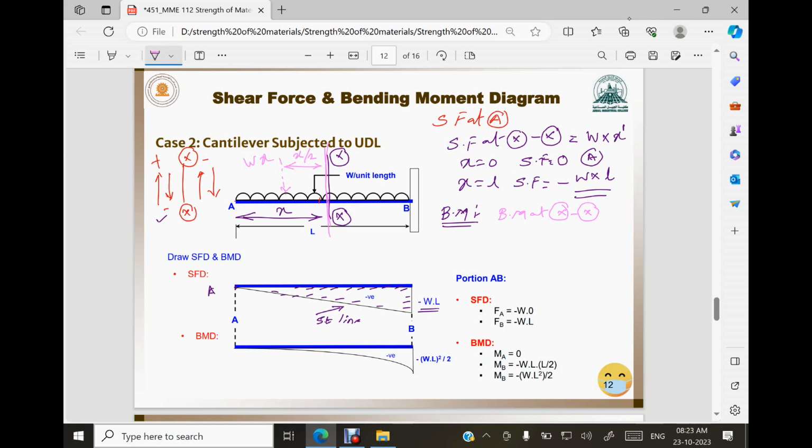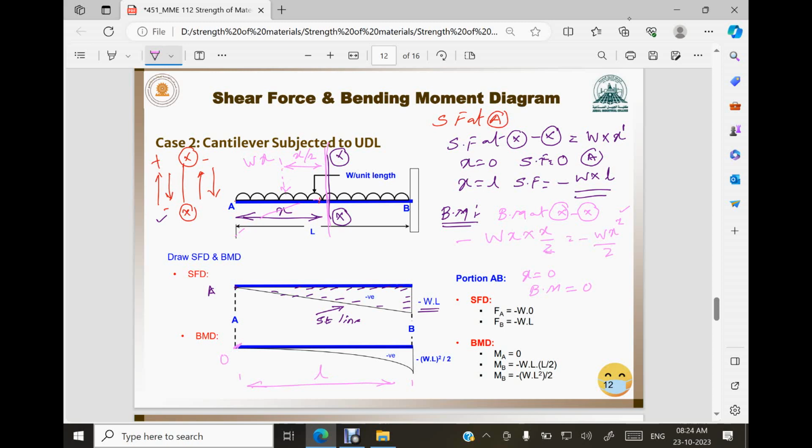So it is trying to bend the beam downward like this. So it is minus Wx multiplied by X by 2. This becomes how much? Minus W x square by 2. See here what you have? You have a square. So it should be a parabolic curve. Understand? When x becomes 0, what will happen to bending moment? Bending moment becomes 0.